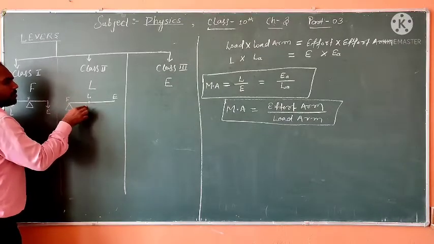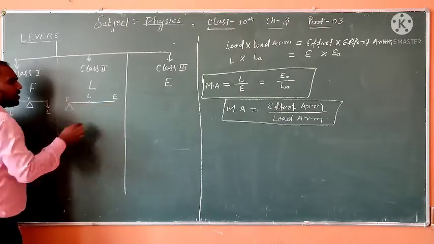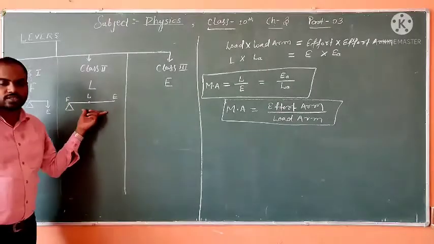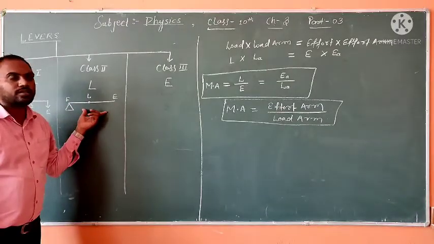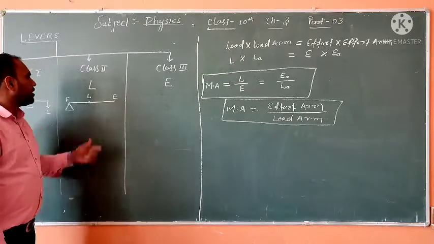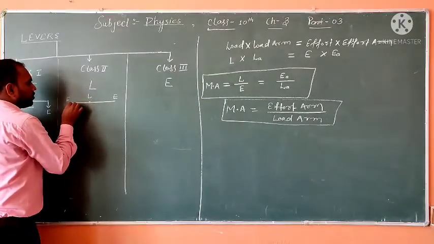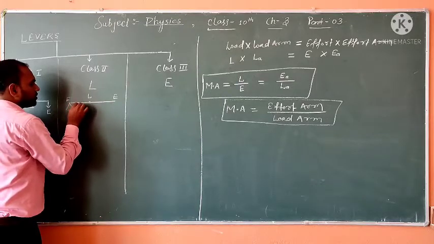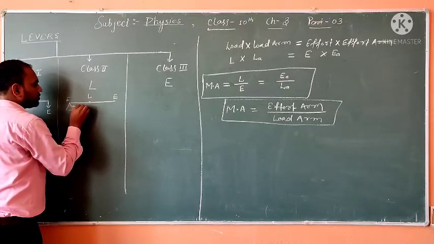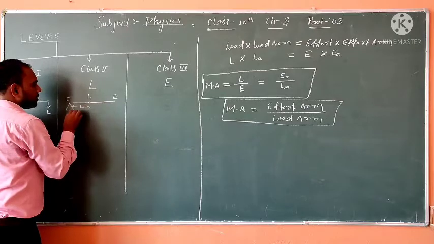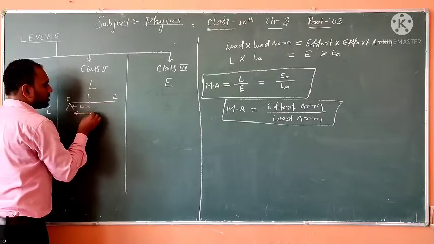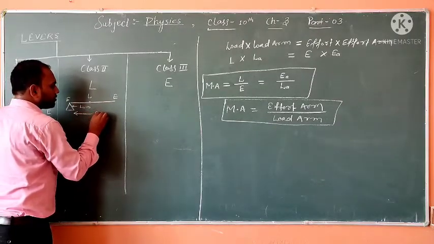When the load is in between the fulcrum and effort, this type of lever is called class 2 lever. Its load arm is less than its effort arm.